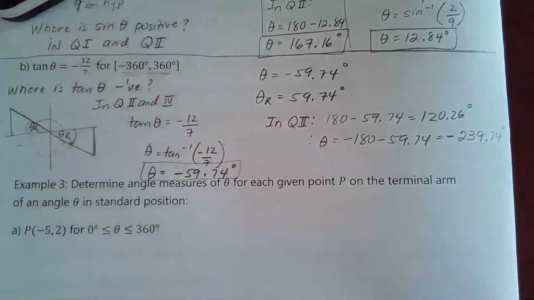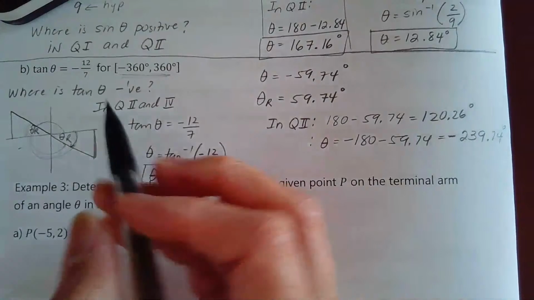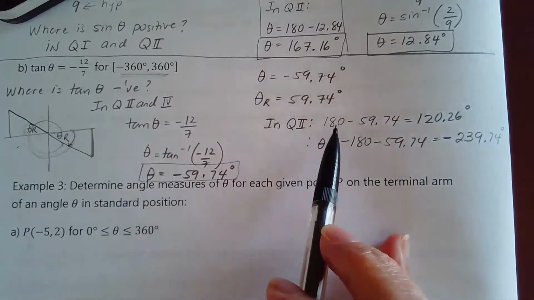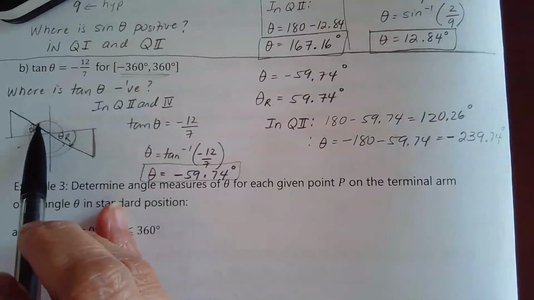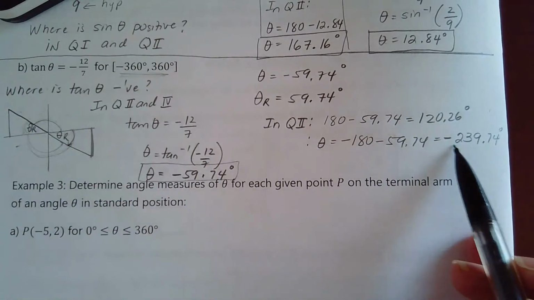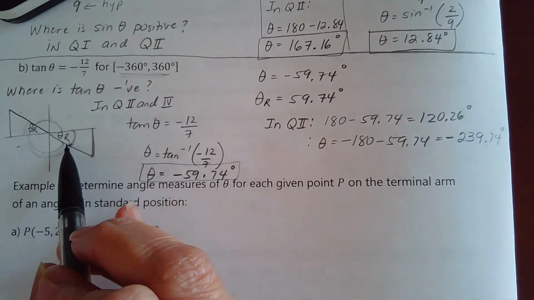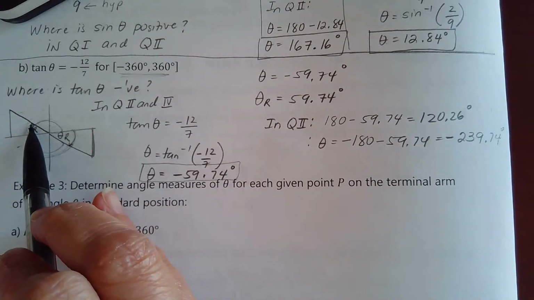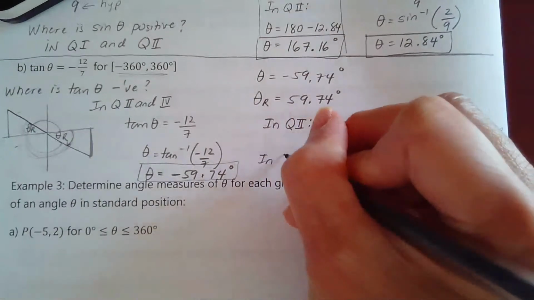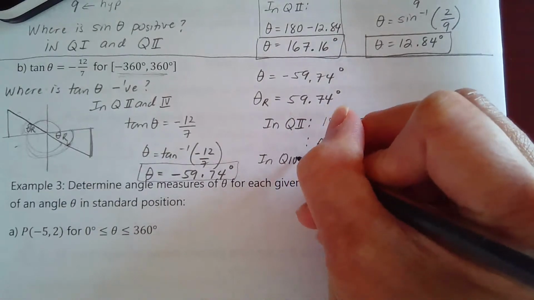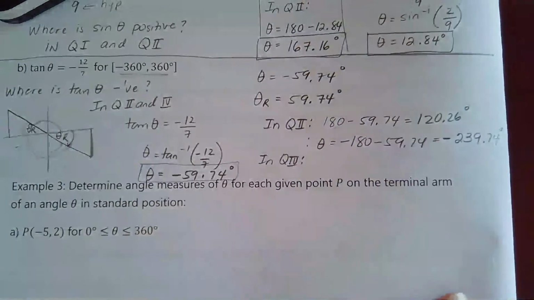So these are both in quadrant number 2. The first one turns counterclockwise, and the second one is also in quadrant 2, but turning clockwise. In quadrant 4, what do we do?